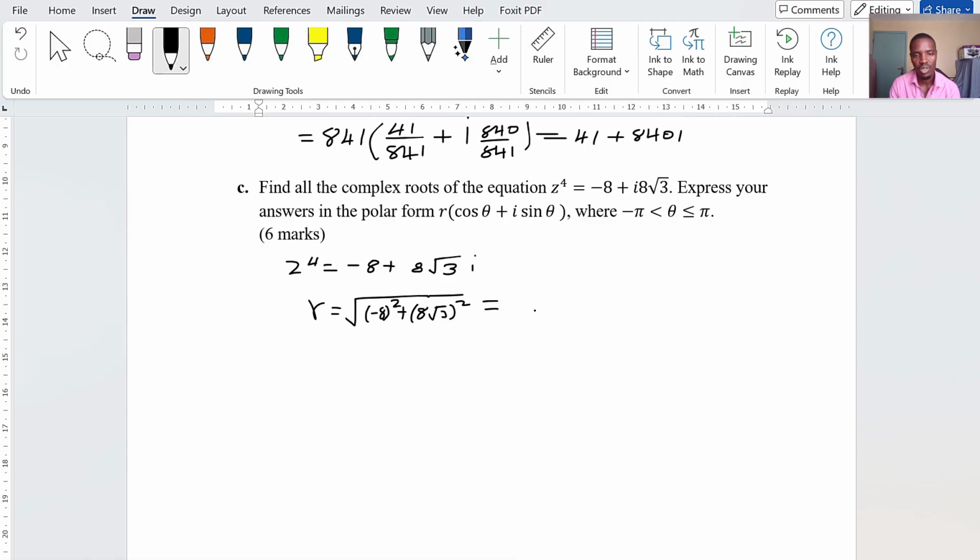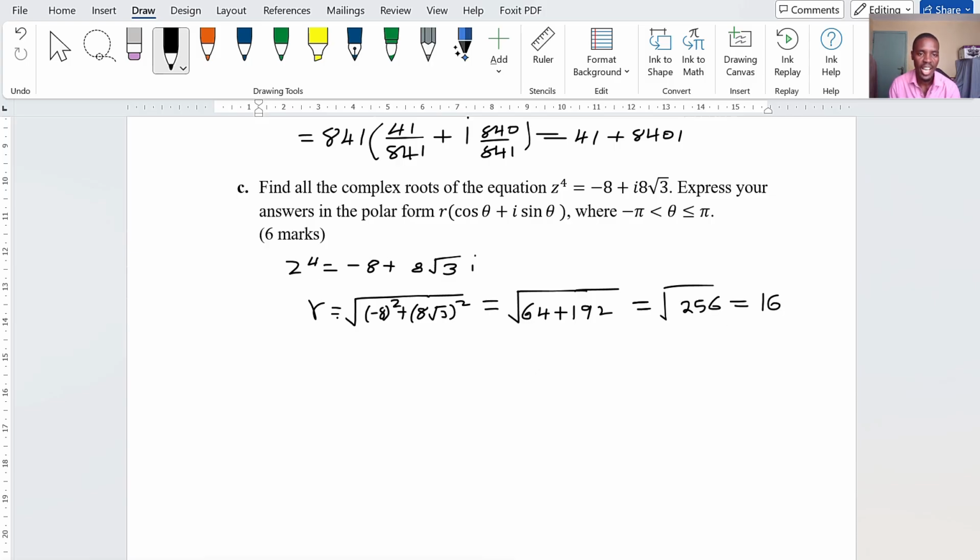Now this is equivalent to the square root of 8 squared, which is 64, plus 8 squared times root 3 squared, so 64 times 3, which gives 192. When you add 192 plus 64, you get square root of 256, which is just 16.